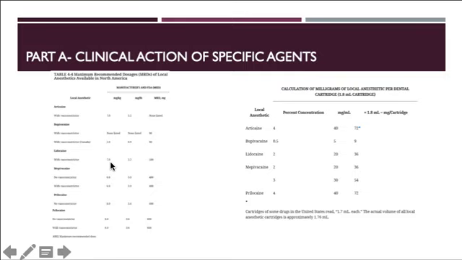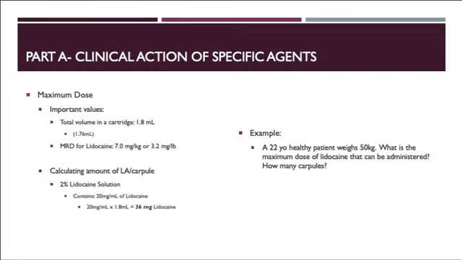So 3.2 is for pounds, and in kilograms it's 7 for lidocaine with vasoconstrictor. Okay, so we know the person is 50 kilograms. And what is the maximum dose of lidocaine? So then we're going to take 50 kilograms and multiply that by 7, and that gives us 350 milligrams.